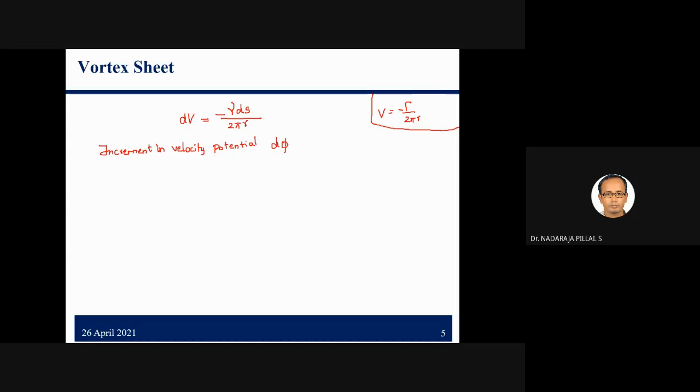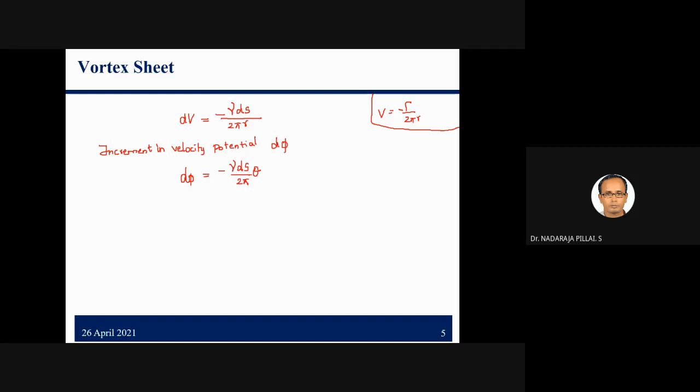This d phi is a velocity potential induced at point P by the elemental vortex gamma ds. So we already know we can write d phi is equal to minus gamma ds by 2 pi into theta.